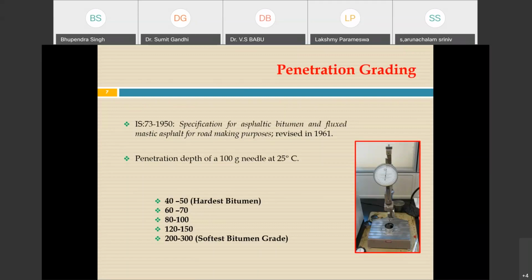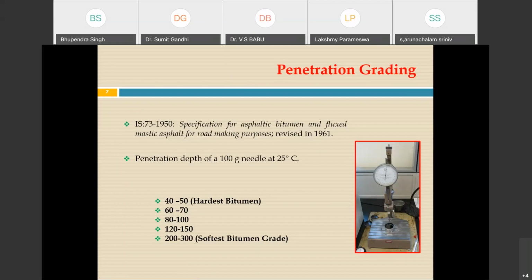In the penetration test, we take a small quantity of bitumen in a container, and then we make a needle penetrate this sample. The weight of the needle is 100 gram, and we allow this penetration to occur for 5 seconds at 25 degrees Celsius. The depth up to which our needle has penetrated our sample, we multiply it by 10 and we call it the penetration value.